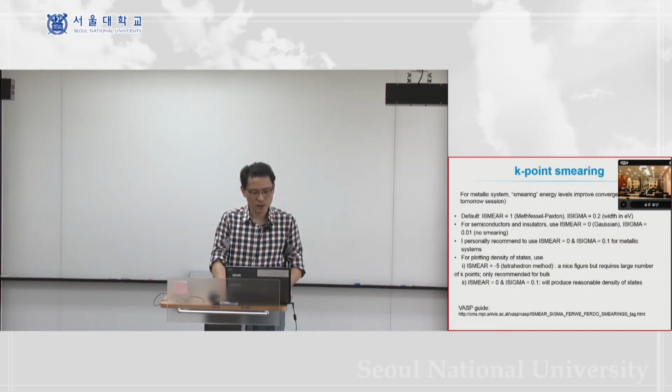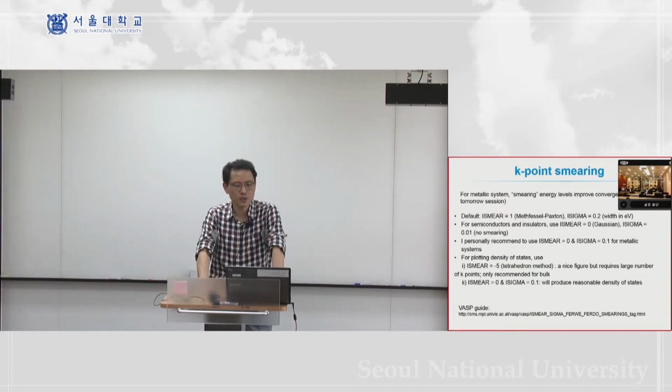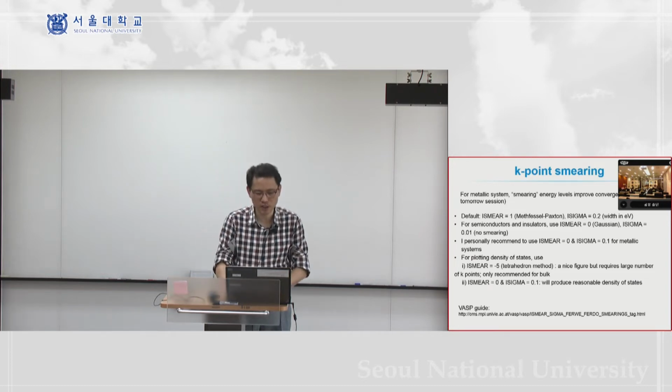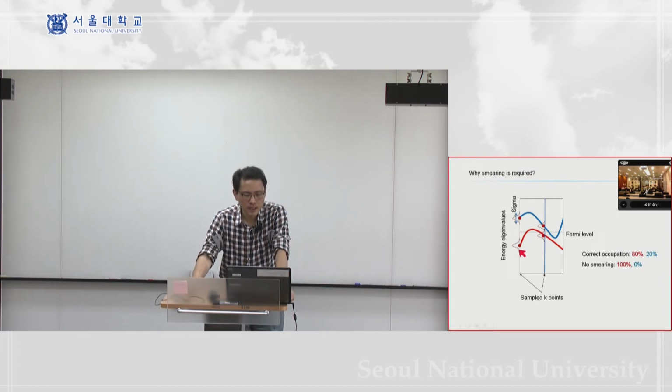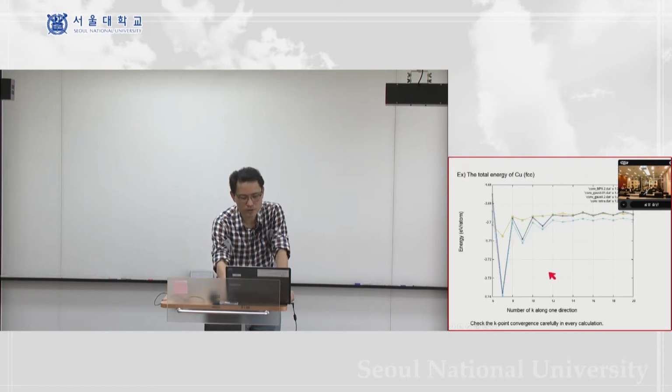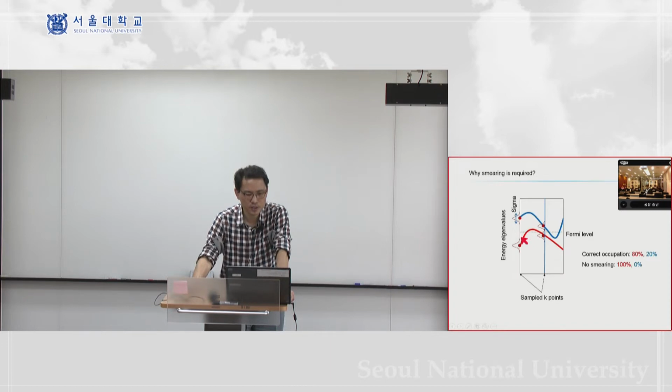All right, and K-point sampling always requires so-called K-point smearing. Okay, in the next slide, I will tell you why this is needed. For example, this is the K axis, along the K points, and this is the eigenvalue, or so-called band structure. This red one is one band, this is the next higher band, and the dashed line is the Fermi level.